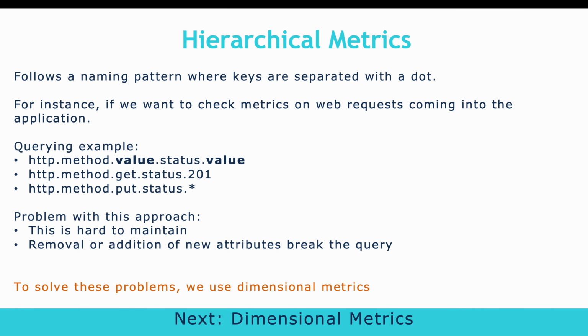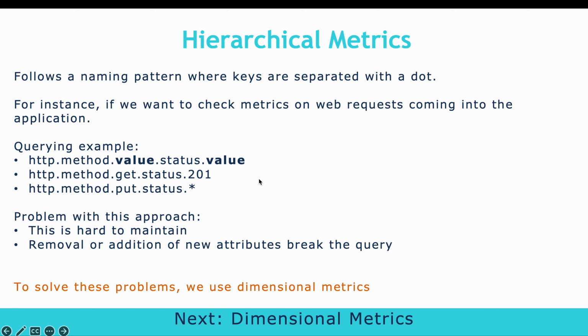So let's talk about hierarchical metrics. This one follows a naming pattern where keys and values are separated with a dot. Let's say we still want to check metrics on web requests coming into our application. The example would be: I want to get all the GET requests that are successful.